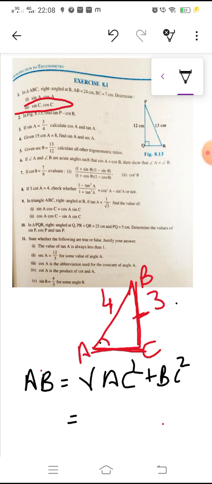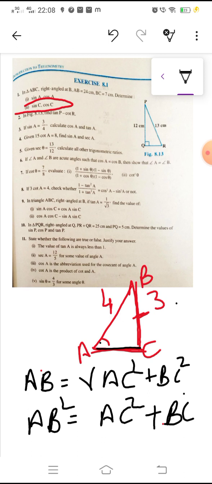You have to find out the value of the missing side, so take AB square is equal to AC square plus BC square, and you can find the value from here. After finding it, put it here, and you can simply find out the value of cos A and tan A.